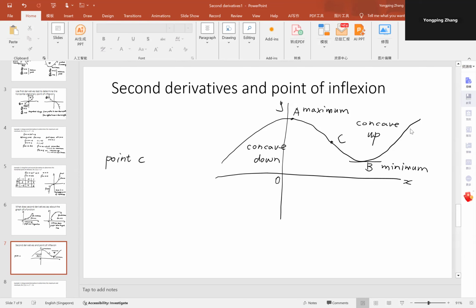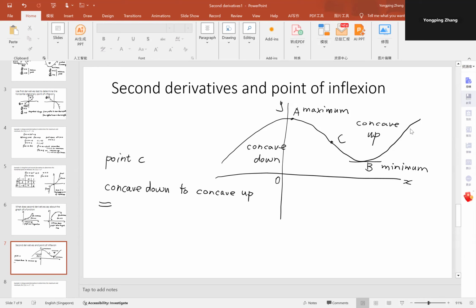So point C is where concave down changes to concave up. This is the point.